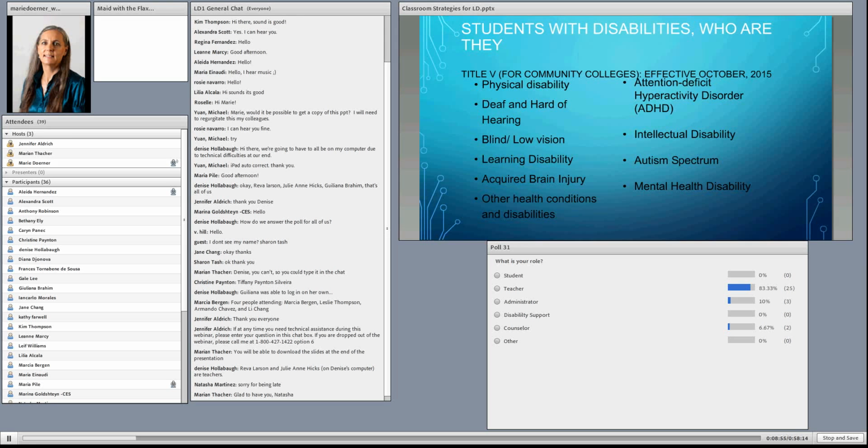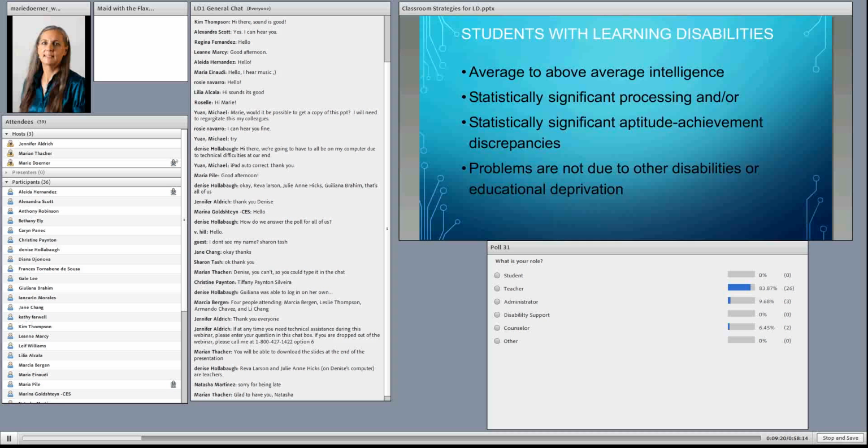So these are our new Title V categories, which will start in the fall. But I thought it was a good thing to talk about as we talk about learning disabilities and how to work with people with disabilities in the classroom in general, so that we can think about beyond just learning disabilities.